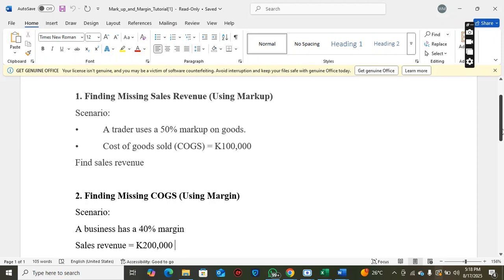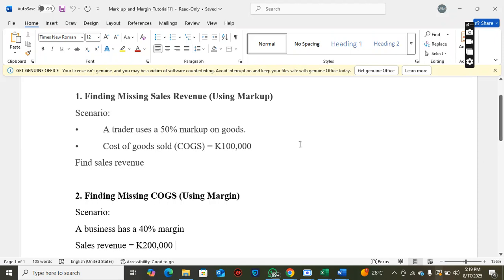So a trader uses 50% markup on goods. The cost of goods sold is 100,000. So we need to find the sales revenue. Remember, markup is the percentage that is added on the cost price to determine the selling price. So in this case, it's the percentage that is added on the cost of goods sold to determine the sales revenue.